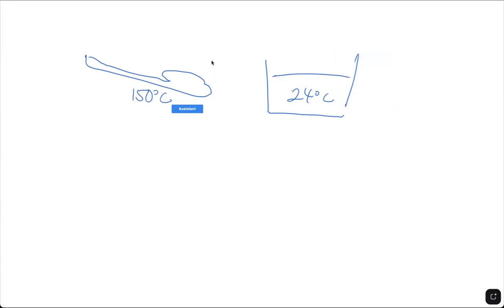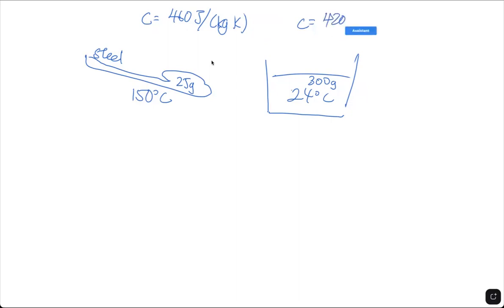This is a steel spoon of 25 gram. For the water, it's 300 gram. The specific heat capacity of this steel is 460 joule per kilogram Kelvin, and for water, it is 4200 joule per kilogram Kelvin.